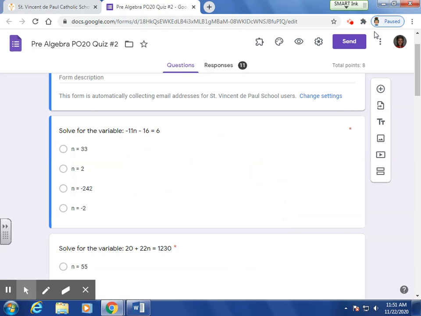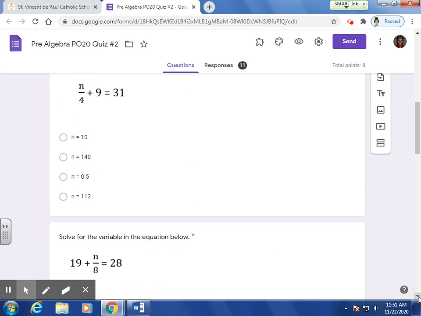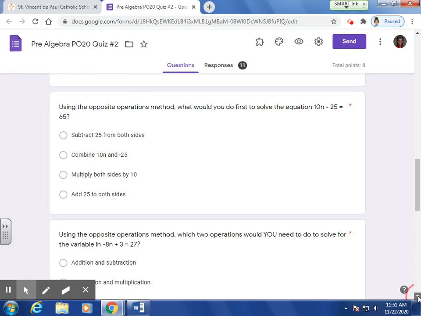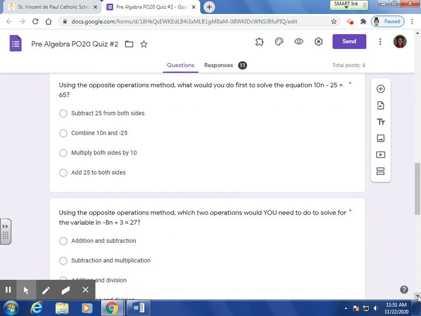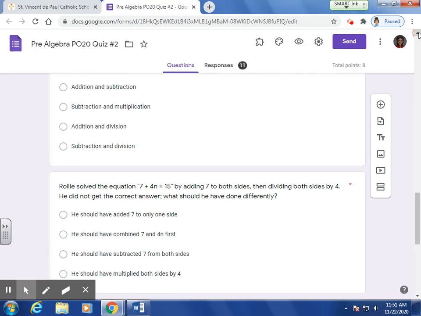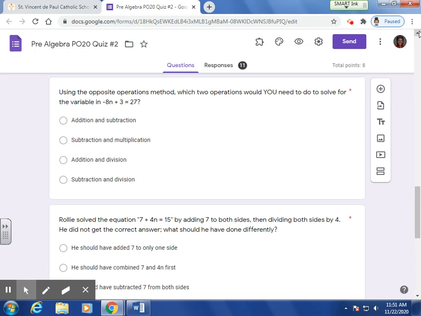And the other one was further down the page here. This one, yeah. Using the opposite operations method, which two operations would you need to do to solve for the variable in negative 8n plus 3 equals 27?